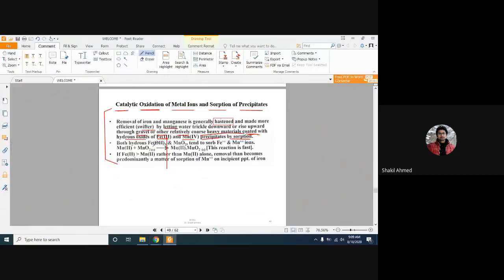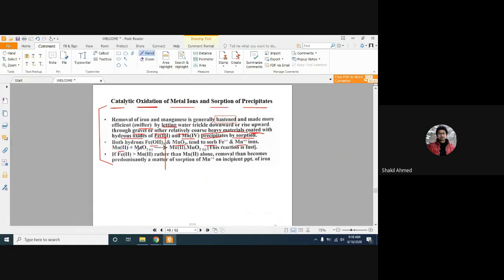Ferric hydroxide and manganese oxide tend to adsorb ferrous ions and manganese ions. You see here that manganese ion and manganese oxide, this is a coating, they adsorb. Dot means they have adsorbed it. This reaction is fast.